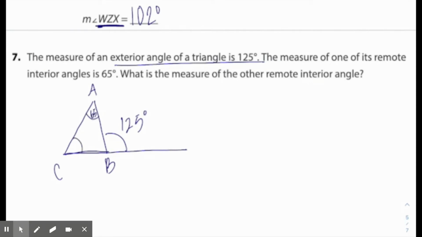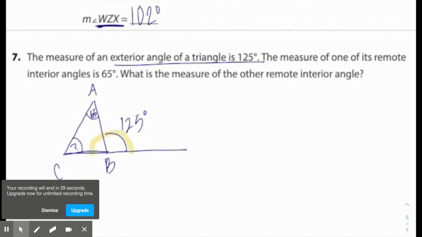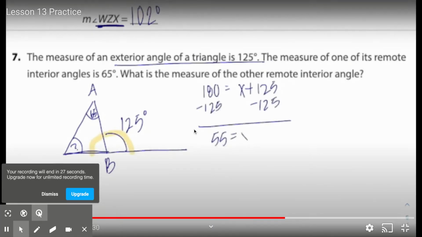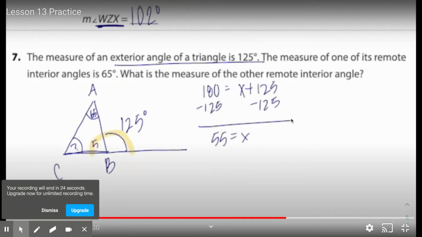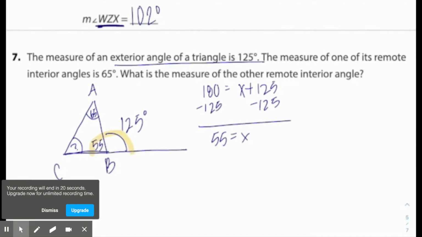I have 125 on the exterior, and I have 65 at the top. So I have 180 equals x plus 125. I subtracted that and got that x is 55.